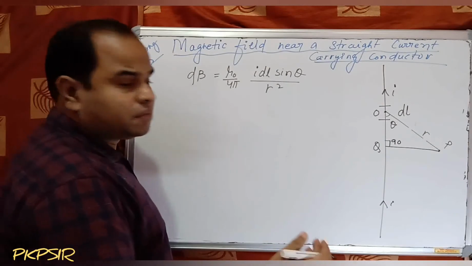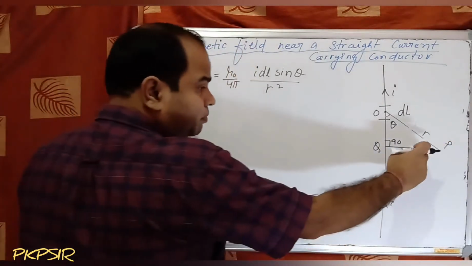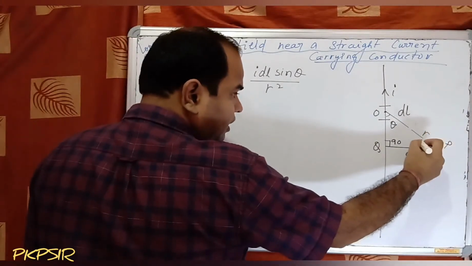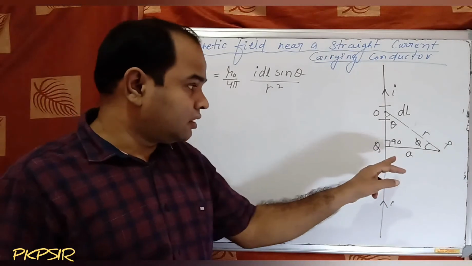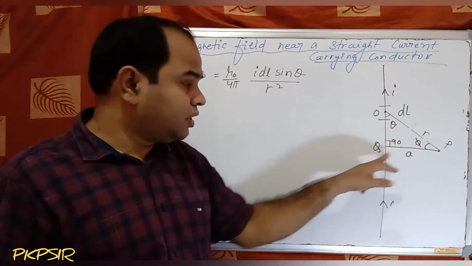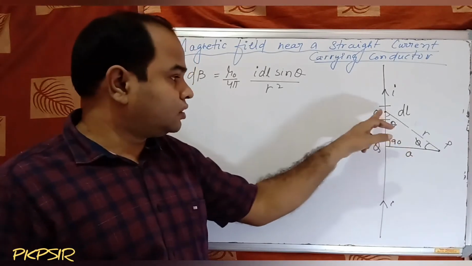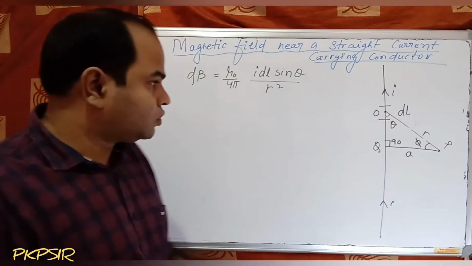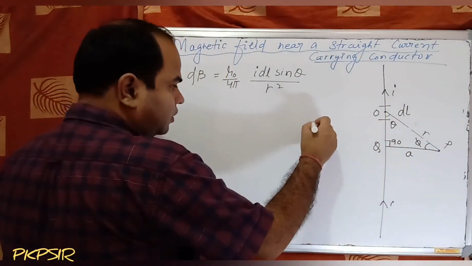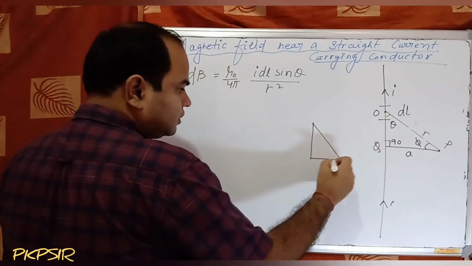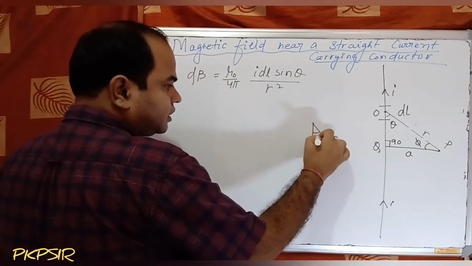Let the length of the perpendicular be A. Let this perpendicular, PQ, make an angle phi with r, that is OP. So this is a right angle triangle. Like this, this is A, this is r, this is phi, and this is theta.